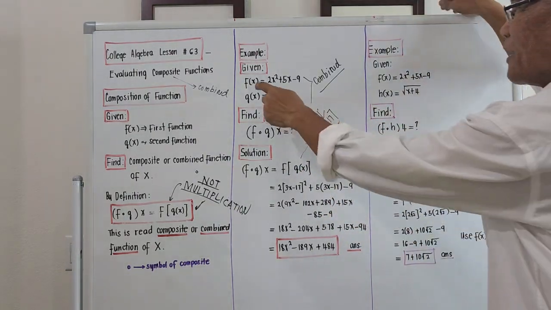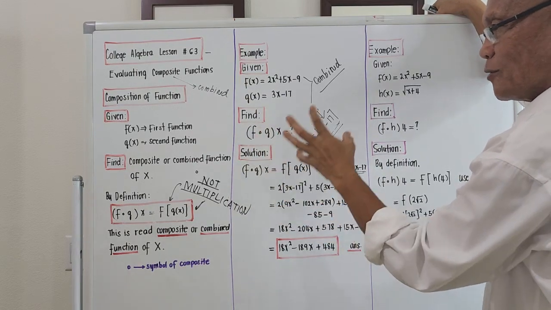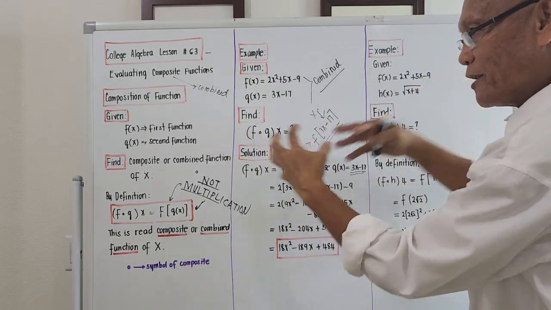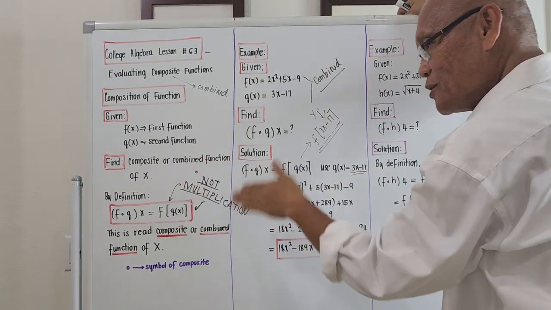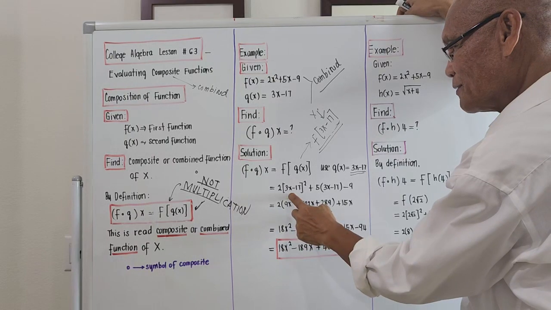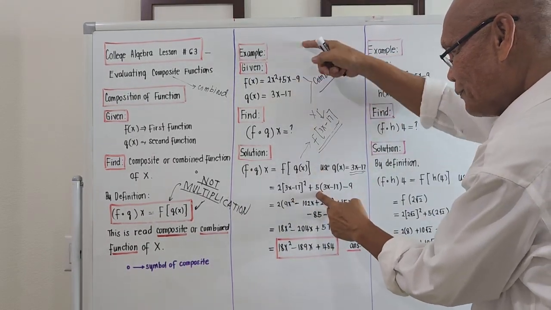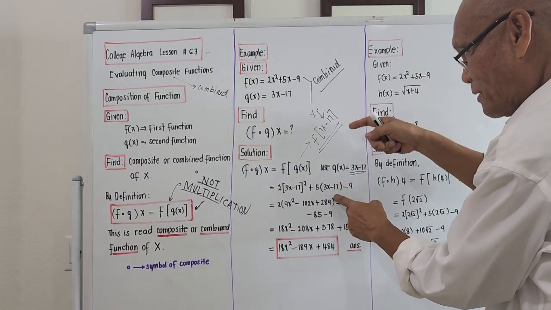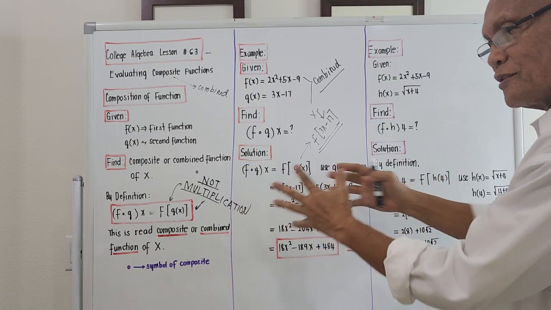So, by following f of x, it will be 2, the new value of x, we are combining it already, right? The new value of x which comes from g of x is actually 3x minus 17, quantity squared. We are finding this. Plus 5, the new value of x, which will be 3x minus 17, minus 9. As simple as that one, right?